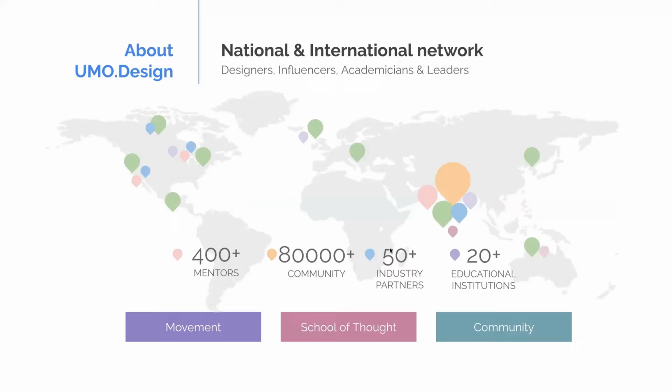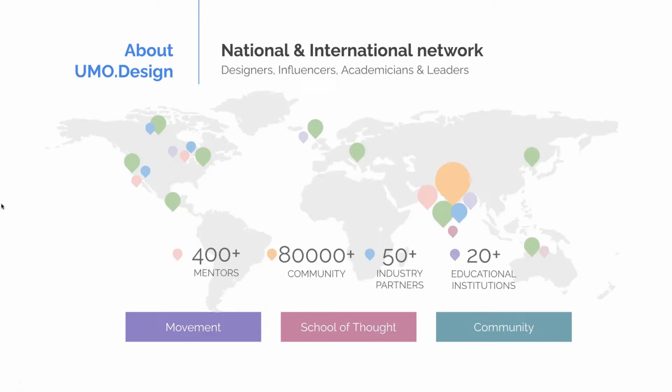As some of you are already aware, this is UMO.Design. It's been 22 years now since we started this organization, and it is the only organization that has sustained for so long, continuously contributing to the community. We are now spread across the world, and UXINDIA became UXI, a global event we've been celebrating for the last 3 years.